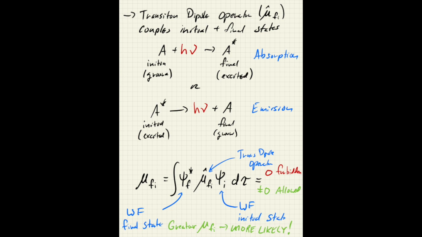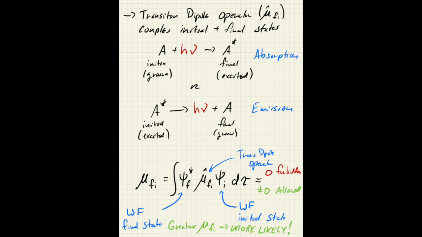Alternatively, you can have the reverse process, where you have an excited atom, A star, that emits a photon h nu and returns the atom back to the ground state. Of course, it doesn't have to go back to the ground state. It can go back to any of the lower lying states, but just for the sake of illustration here, we have it going from an excited state initially, emitting a photon, and then winding up in the ground state, and that would be emission.